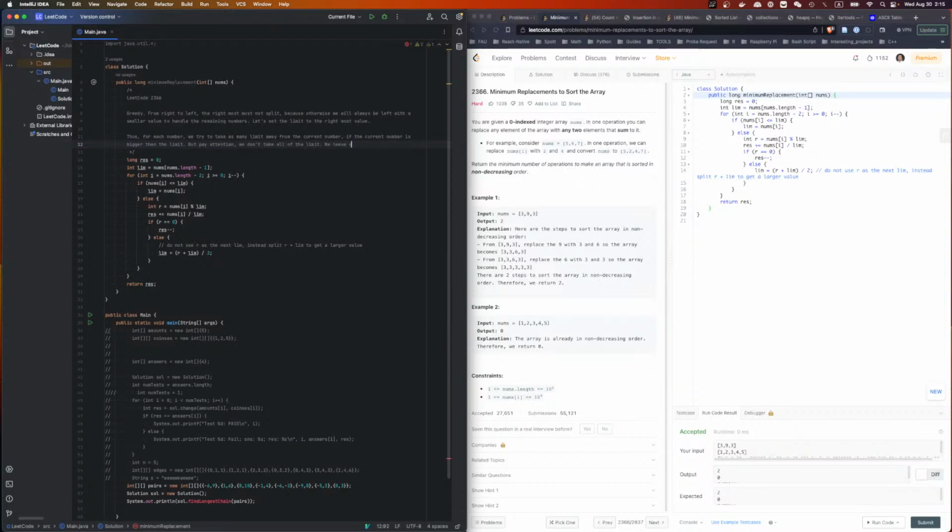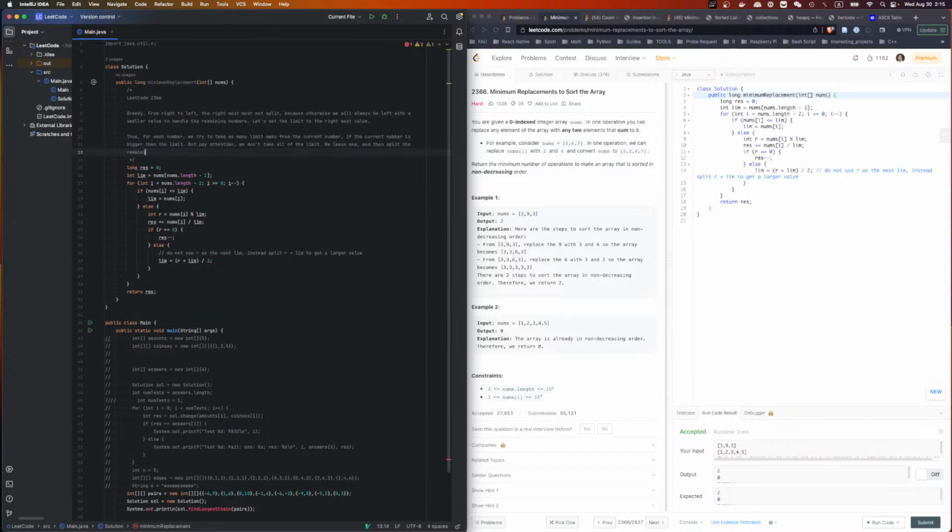We leave one and then split the remaining, split the remaining to get the largest possible value that is smaller than limit.